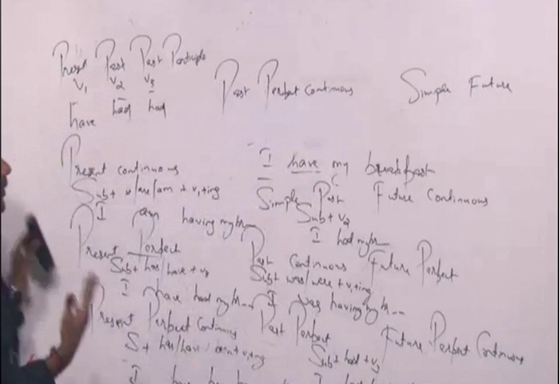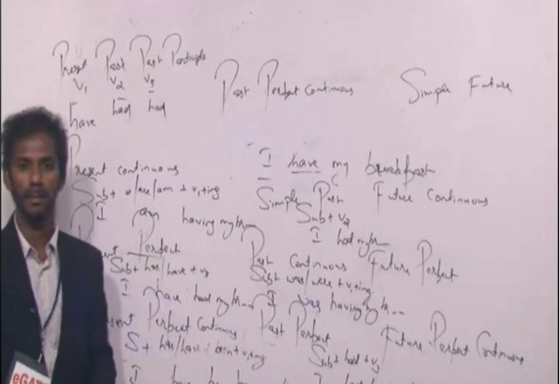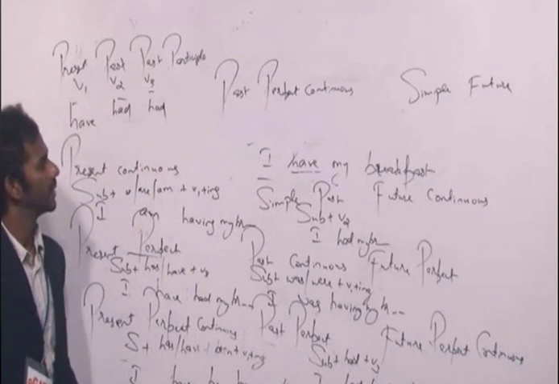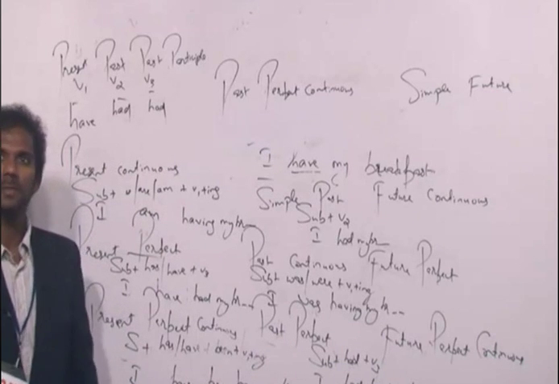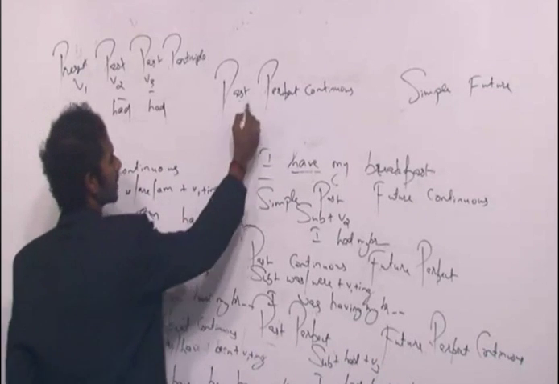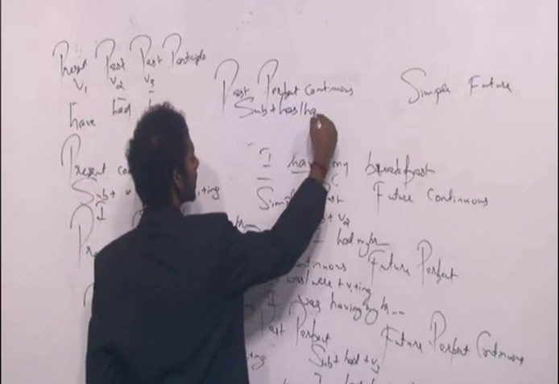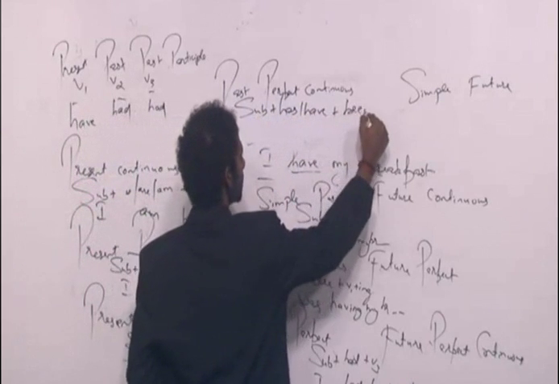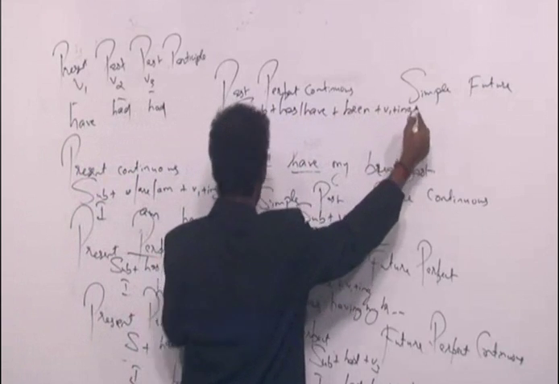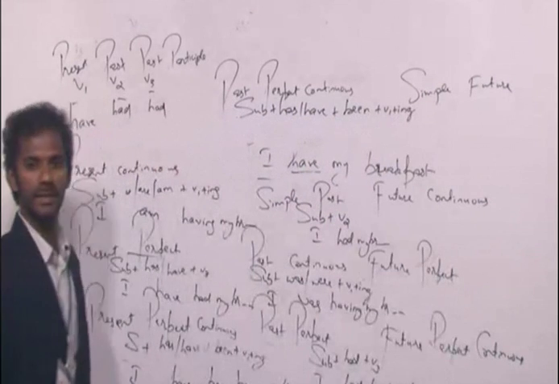Past perfect continuous. The rule of past perfect continuous is subject plus had plus been plus V1 plus ing.